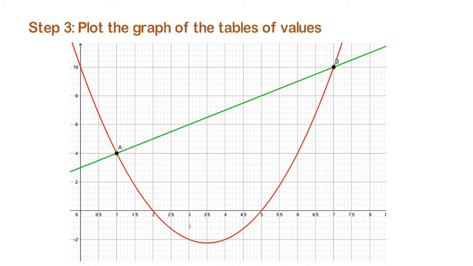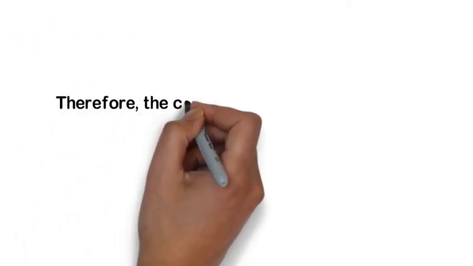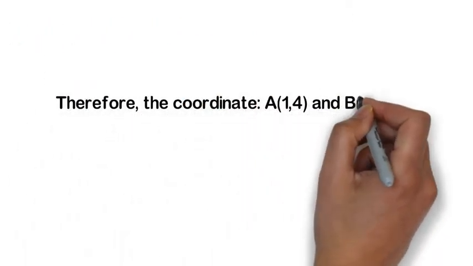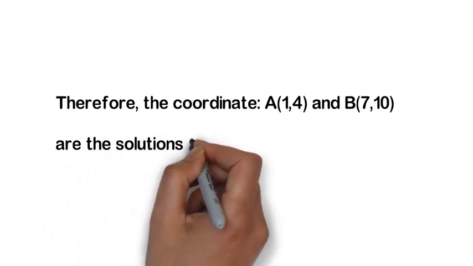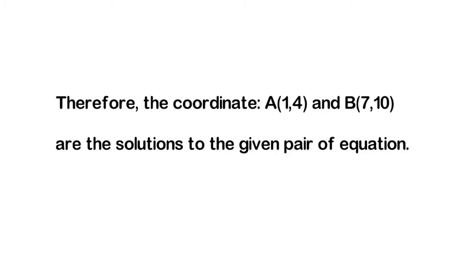That is where the first relation graph cuts the second relation graph, mark the points A and B and locate the coordinates. Here the first coordinate A is x equals 1 and y equals 4 as clearly seen, and the second coordinate is x equals 7 and y equals 10 as clearly seen.